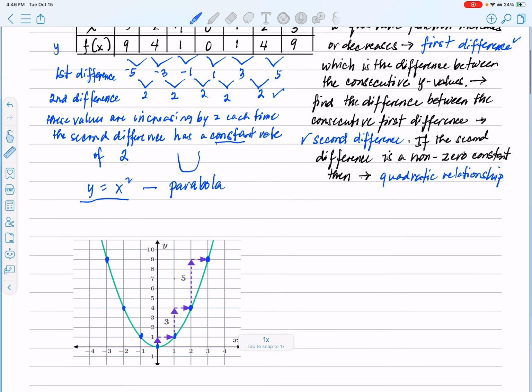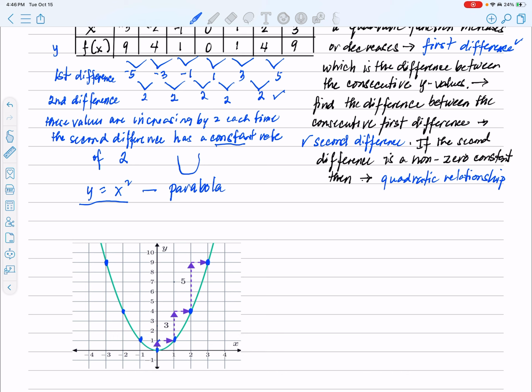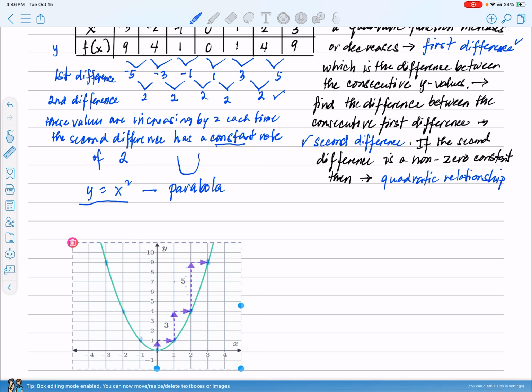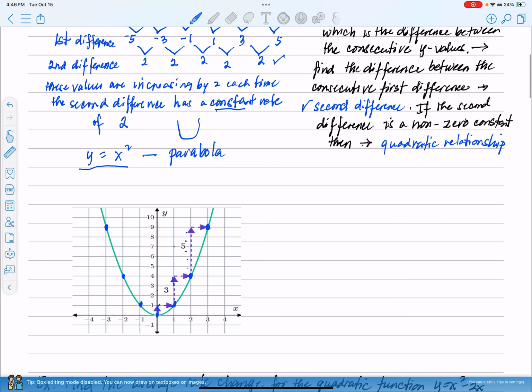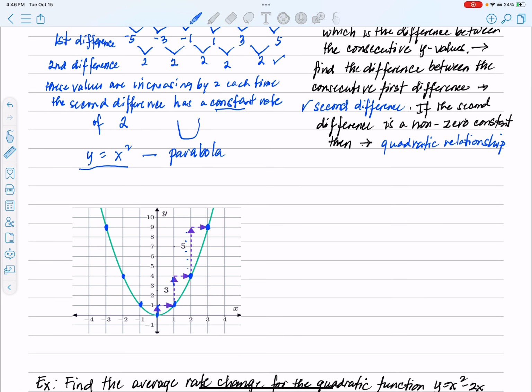So what have we noticed? 1 over 1, then you have 1, 2, 3 over 1, then 1, 2, 3, 4, 5 over 1. All right? So for equal x intervals, the y value increased by 2. So if my x interval is 1, the y increased by 2.